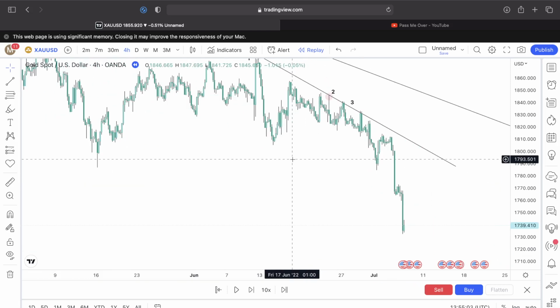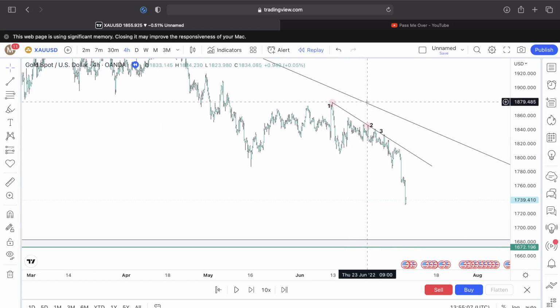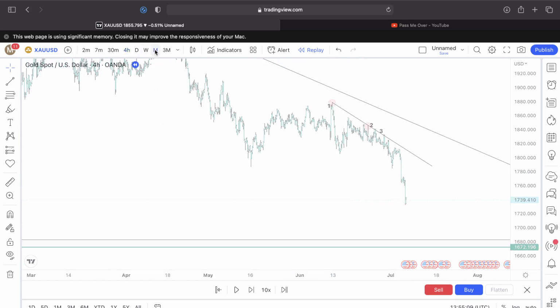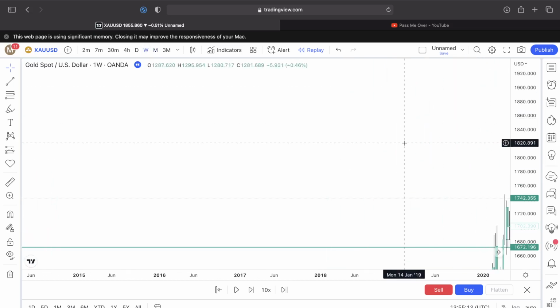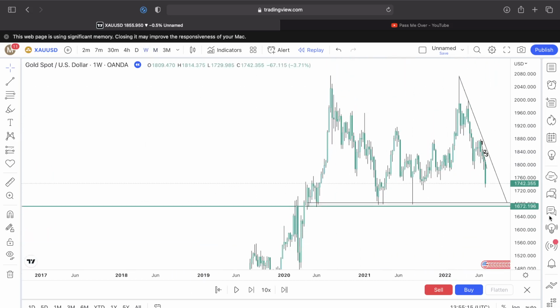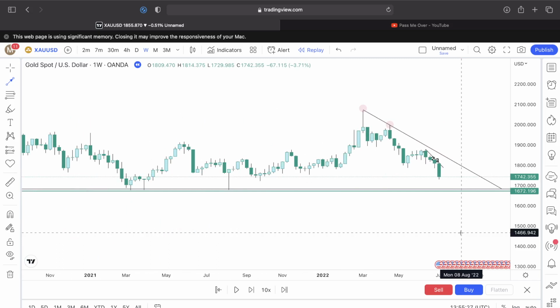So now we can see on the 4 hours. We have the first trend line, which was on a monthly, right? We found the trend line, no, sorry, on a weekly. We draw the trend line on a weekly, boom. Then that's just touch number one. There was number one and number two, and then there was no third touch anymore, right?